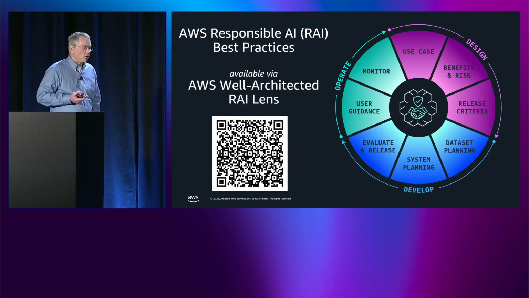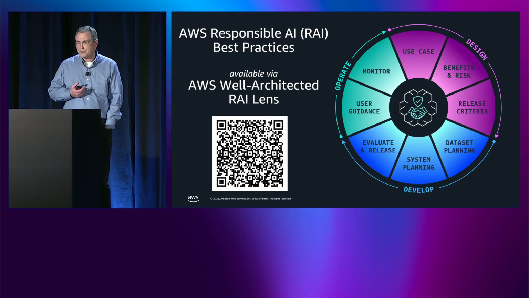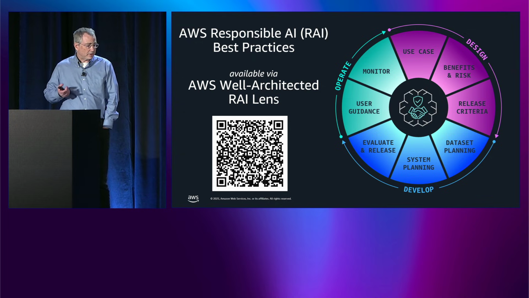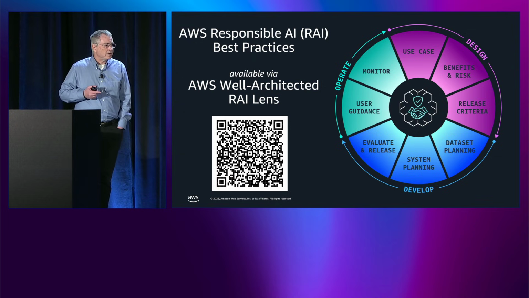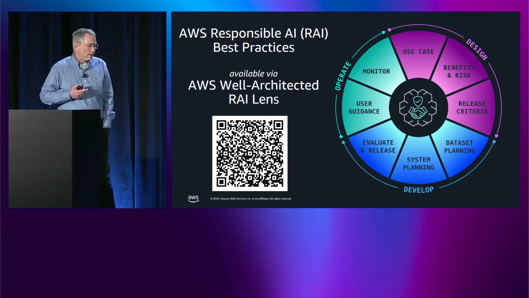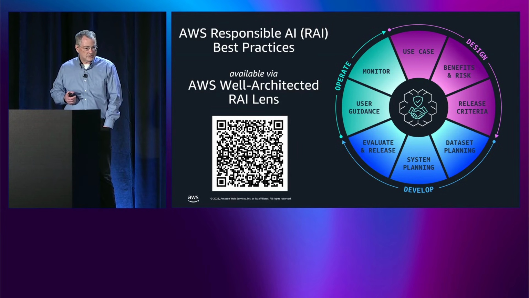All right, so at this re:Invent we released what I would call a framework for best practices to help non-ML experts develop AI applications. And it's available online via our Well-Architected tool. So anyone can go to that QR code URL and see it.